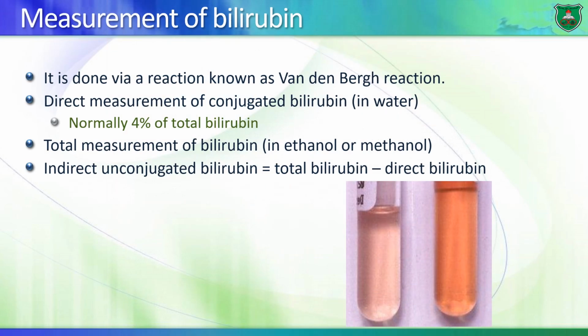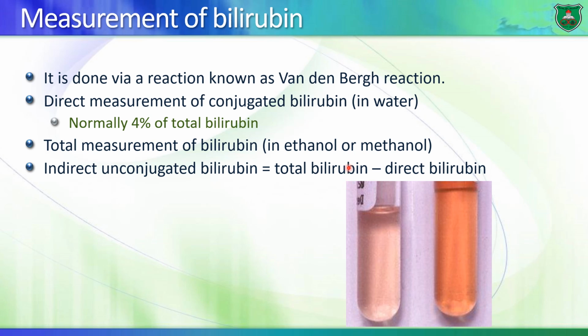So, knowing the level of bilirubin is very important because it tells us a lot of information about the health of the individual, specifically the liver. And this can be done by a specific reaction known as the van den Bergh reaction. Well, what's important about this reaction is that it is done in both water and ethanol or methanol.